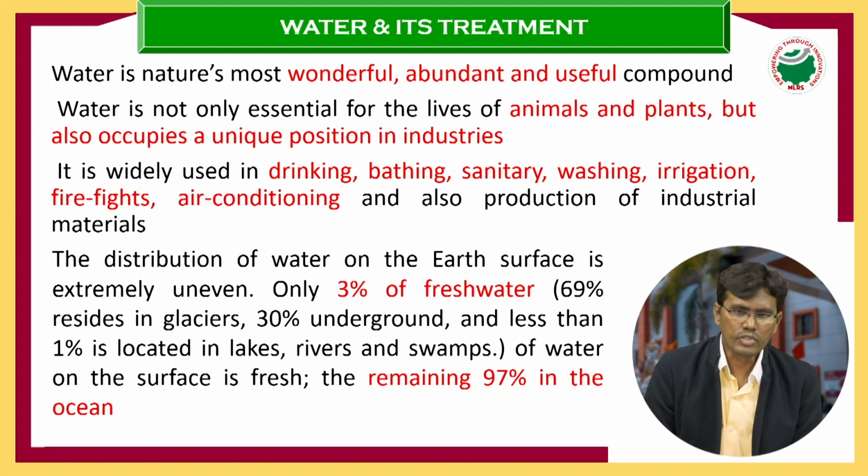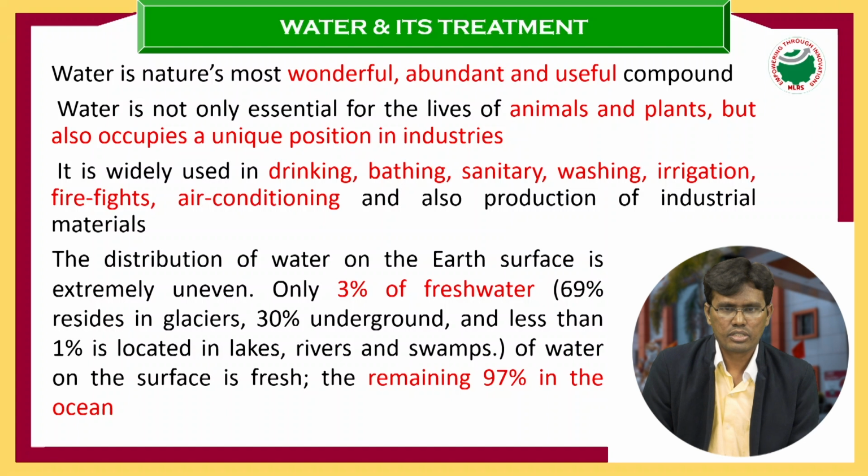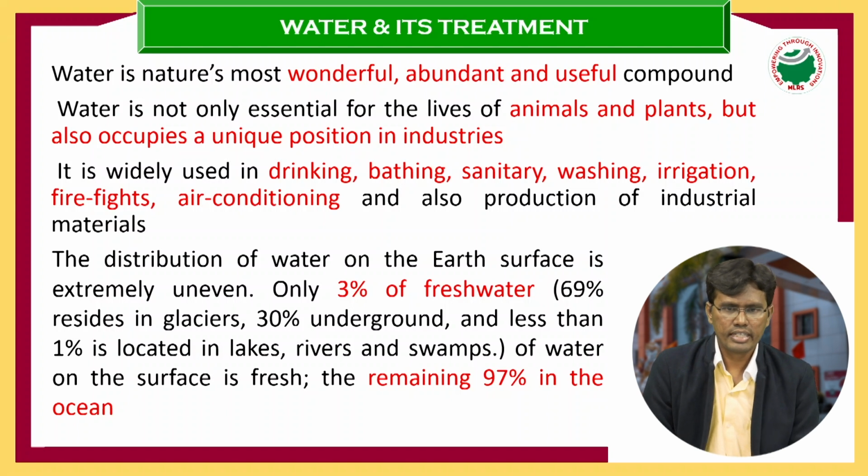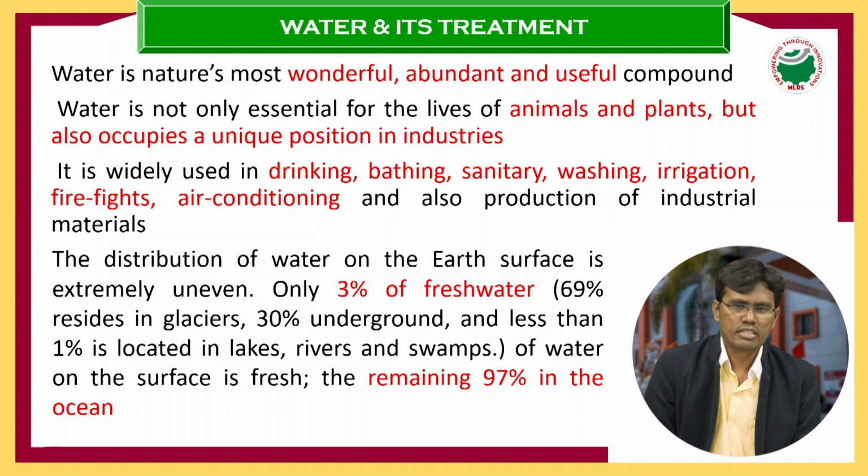From primary classes until now, we know that water is unevenly distributed on this planet. Three-fourths of the water is in oceans and glaciers, rivers, ponds, bore wells, canals, etc. This fresh water is usually contaminated with some impurities.